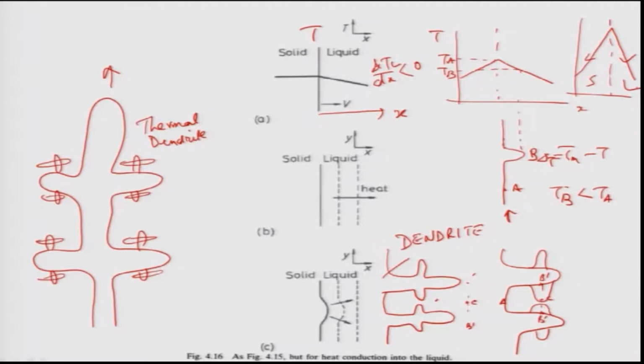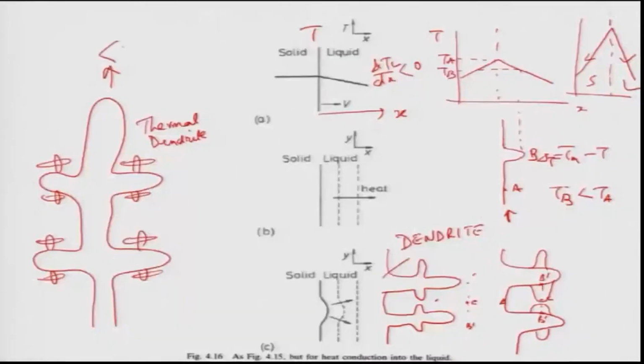In rapid solidification systems like melt spinning or even atomization or thermal spray, this is exactly what happens. The temperature gradients are negative in the liquid, and the absolute values are very high, and because of that heat transport is also very high.